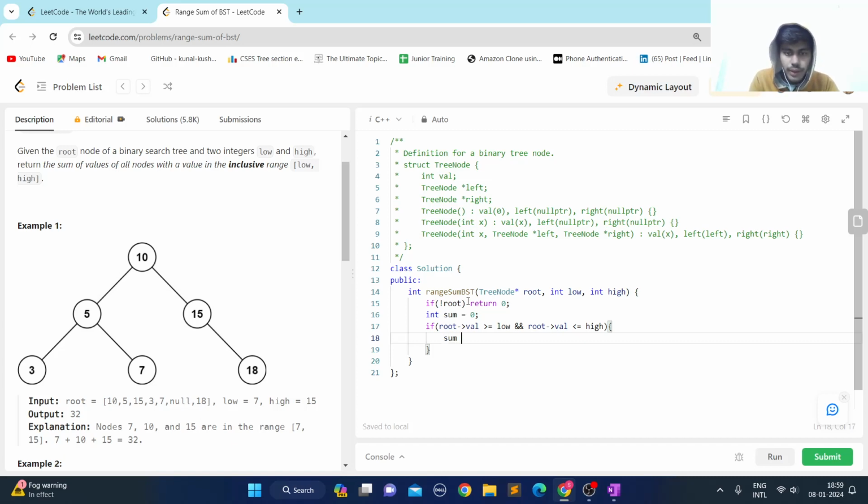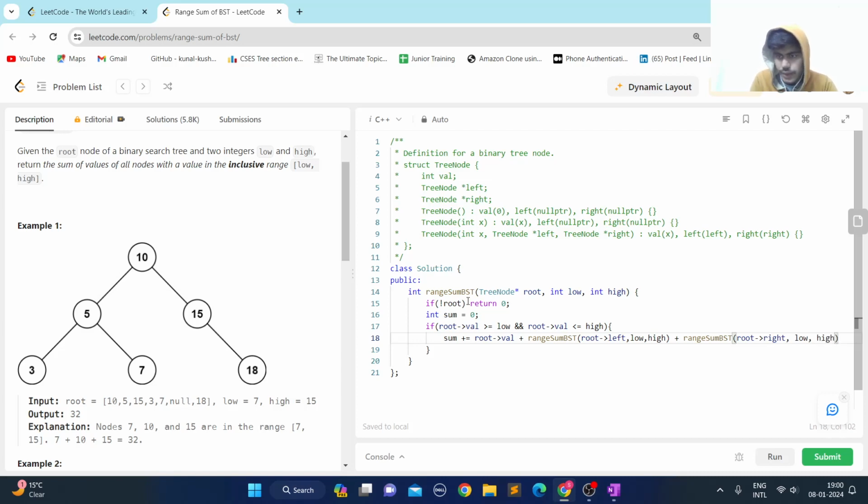So sum will add first of all the root value itself plus its call to the left hand part. So how will it call its left part? It will call root left, with low and high. Low and high values are the same, they are not going to change in the entire code. Similarly, I'll make another call to the right hand side with the same function, just changing root to root right, and then low and then high.